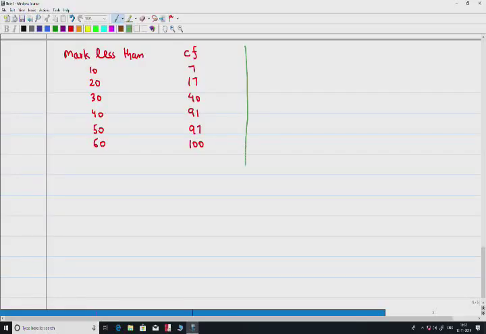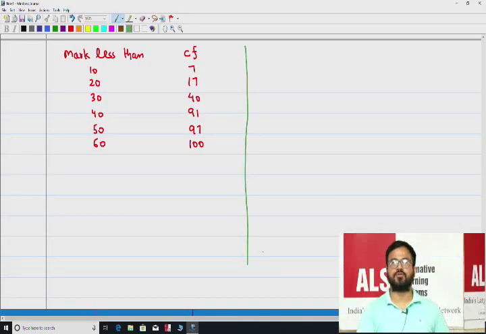So I am drawing with a free hand. My line will not be a straight one, but you have to draw it with the scale. So draw the x-axis and the y-axis like this. On the x-axis, we have to write the marks, and the less than value we have to write on the x-axis. So it is less than 10, 20, 30, 40, 50, 60. So we have to write these values over here.